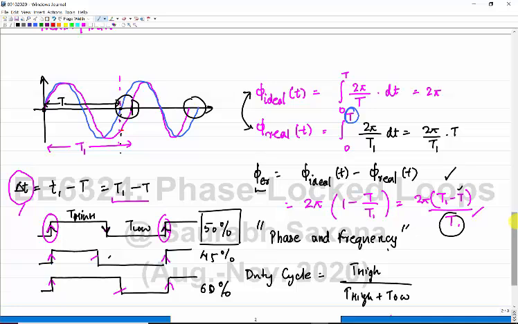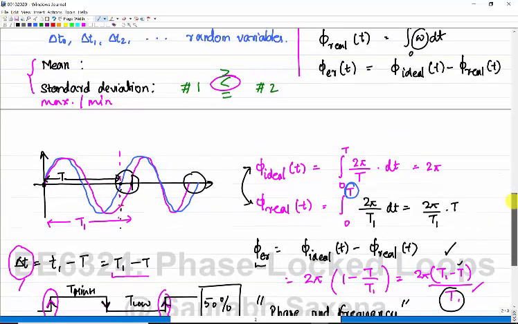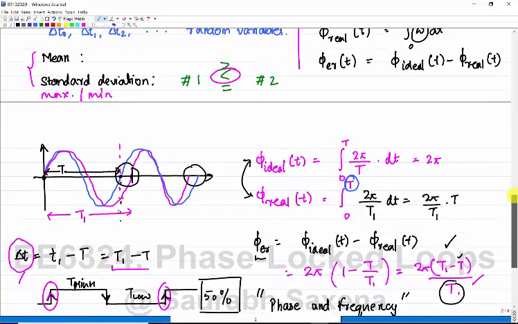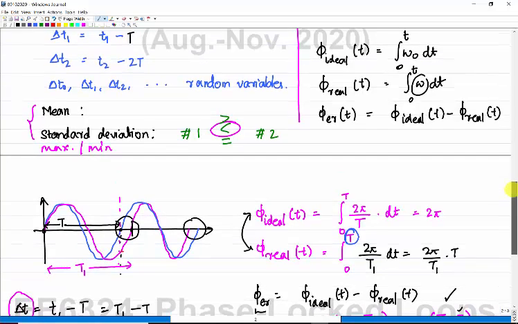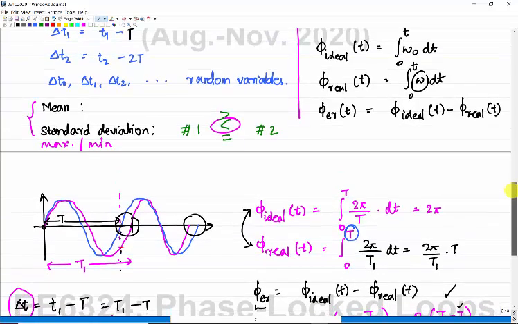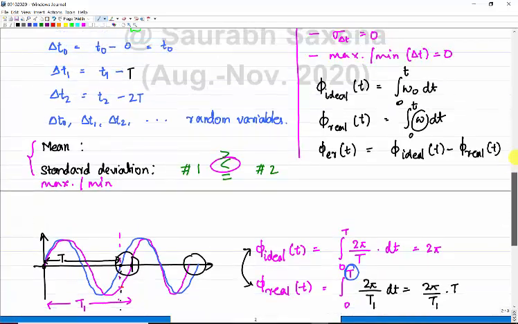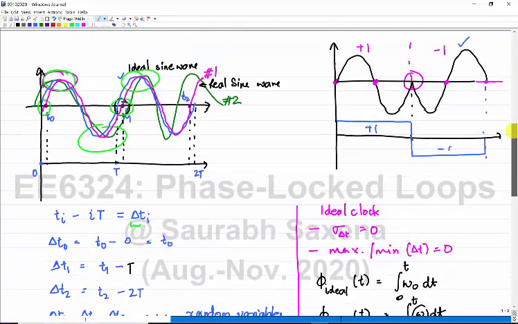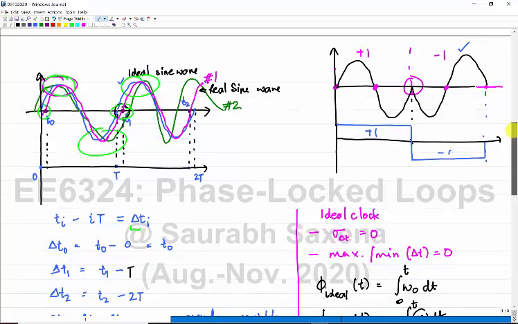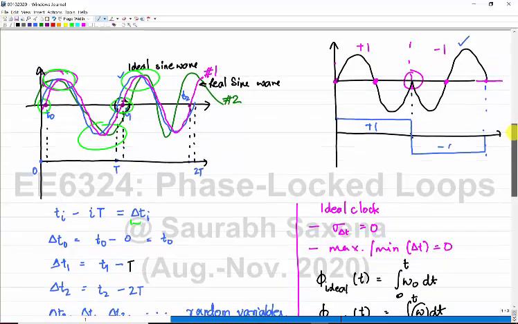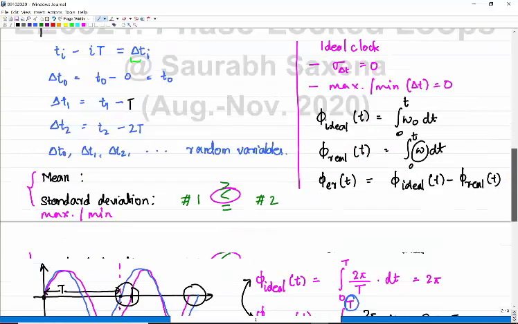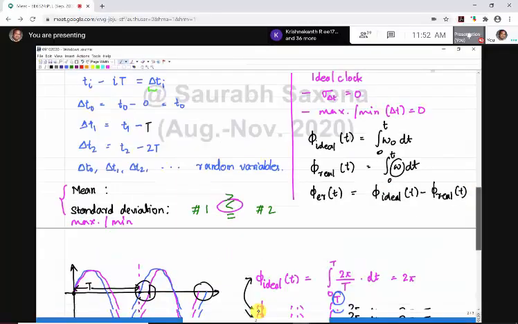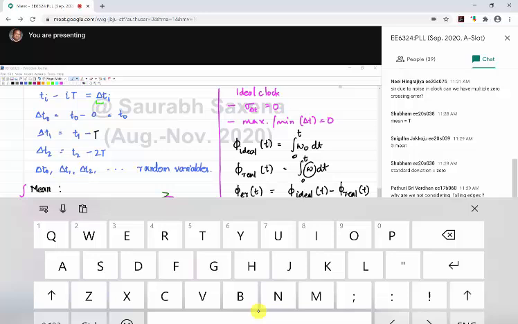You have an error with respect to the ideal clock, that is a separate thing. If it is fixed, there is no frequency error in the clock. The clock behaves as good as ideal, and what you have is your delta t is fixed. So that is as good as an ideal clock itself. Any other question?